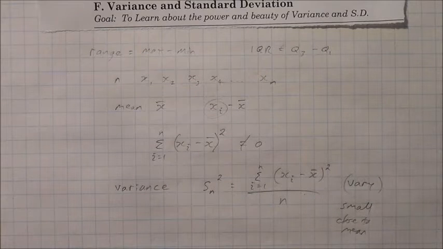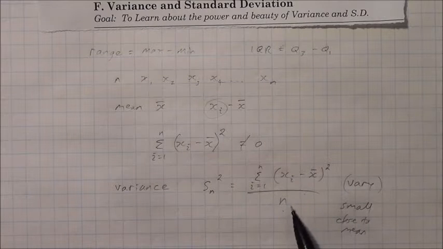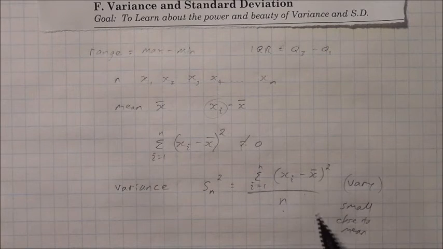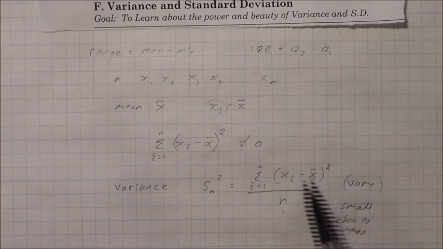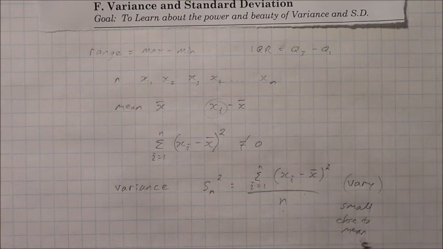By dividing this by n, that indicates on average how far the data is from the mean. So it's giving an average of the deviation from the mean; it's further averaging this. So that's all fine and dandy.